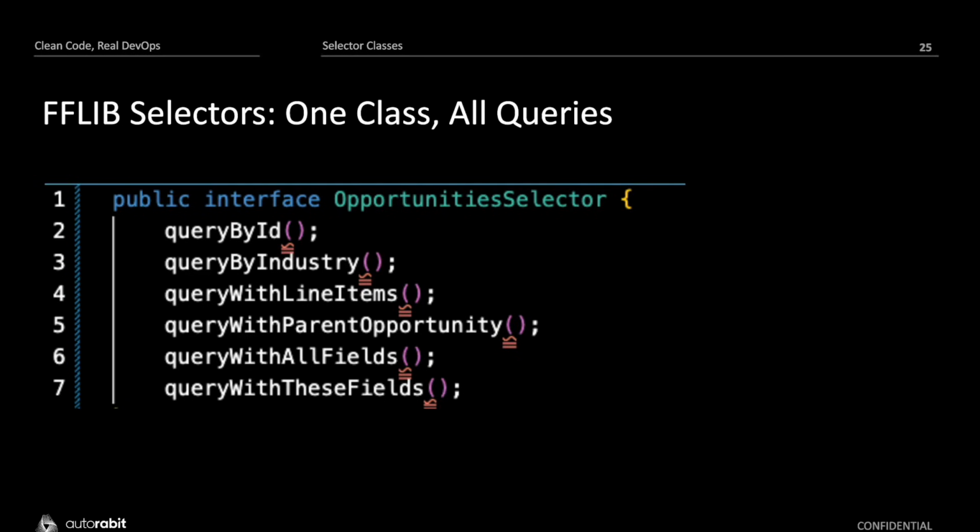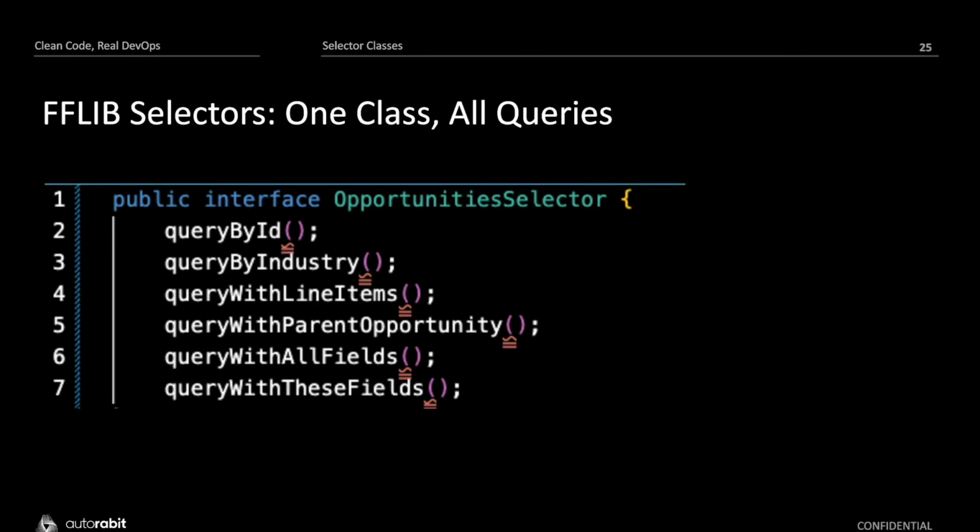So if you have a method called query by ID and then query by industry, then why not query by name and then query by address? Or then you're going to start doing query by these fields or query with these other fields.